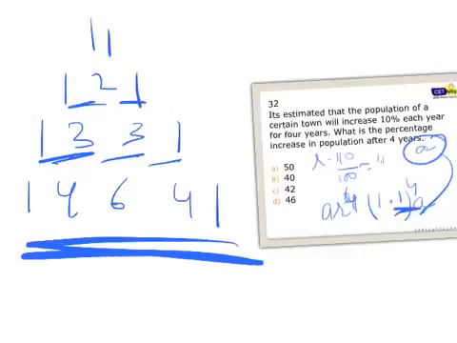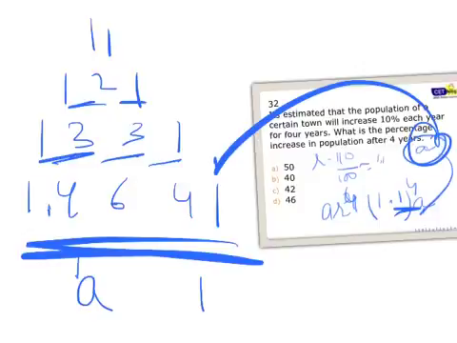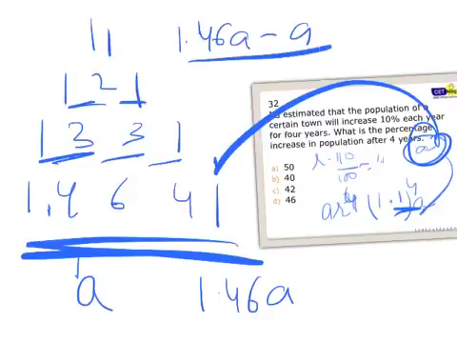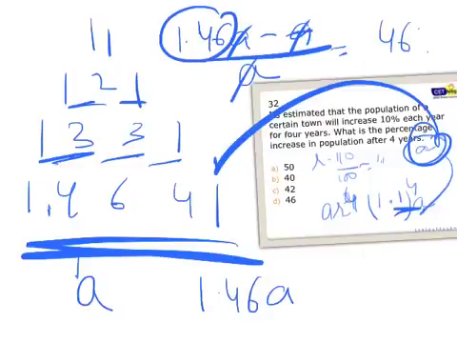Because this is 1.1, so this is 1.4641, the percentage increase from A to 1.46, almost 1.46 A. How much is the increase? 46%. 1.46 A minus A divided by A, the A cancels, 1.46 minus 1. 46% growth rate.